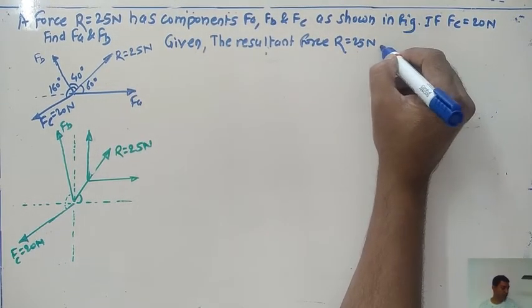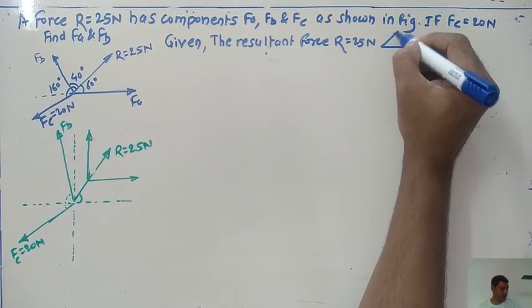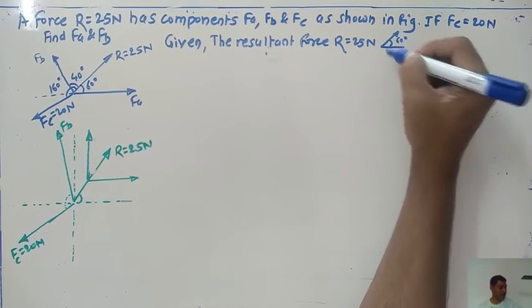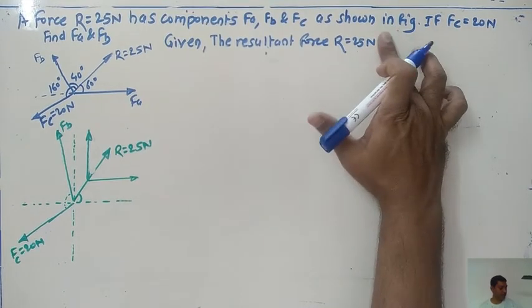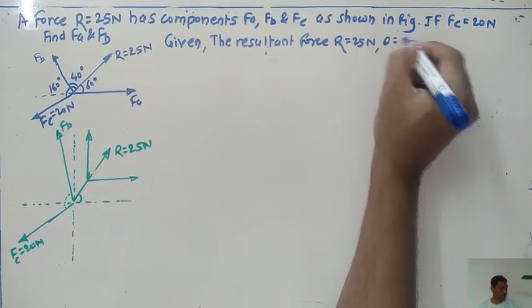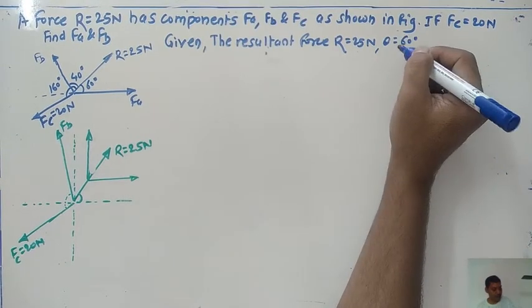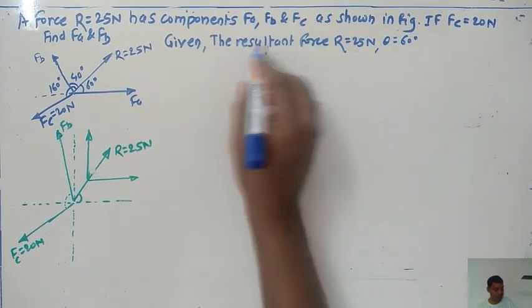This indicates that R lies in the first quadrant. It makes an angle 60 degree, so the value for theta is also 60 degree. So what does it indicate?